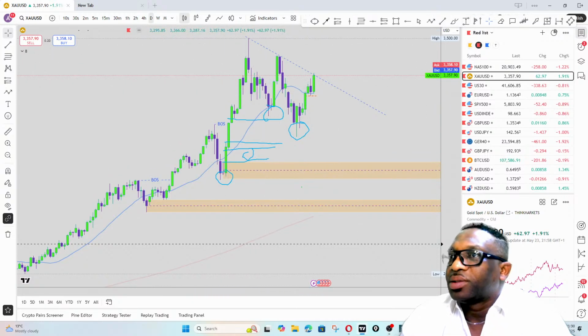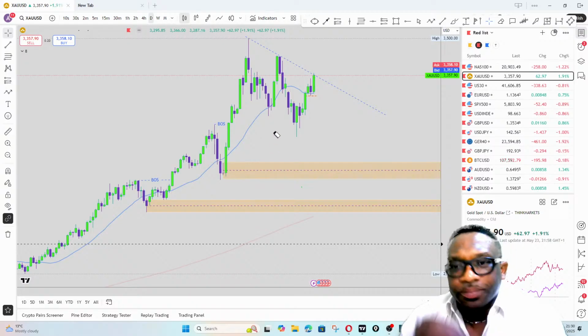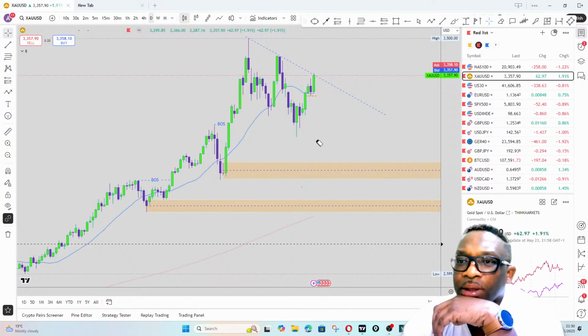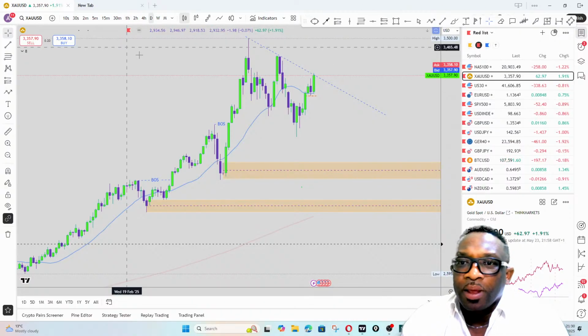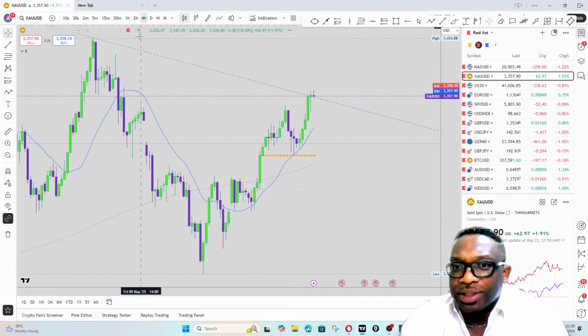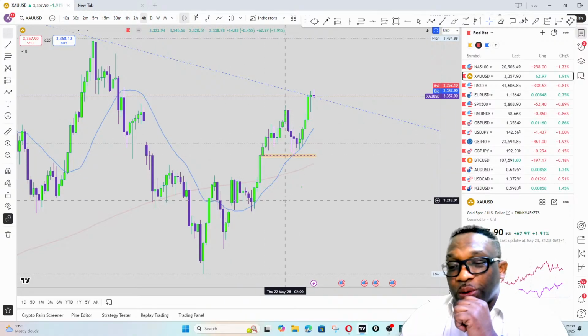Okay, let me clear this out first. Okay, so we go to the 4 hour chart. We use the higher time frame to identify the trend that we need to go in.